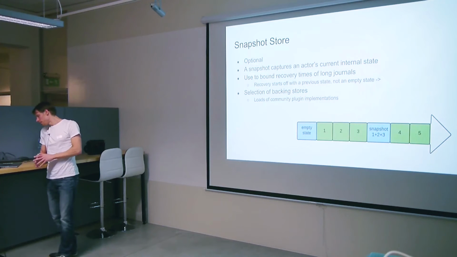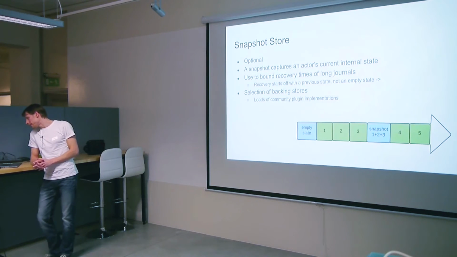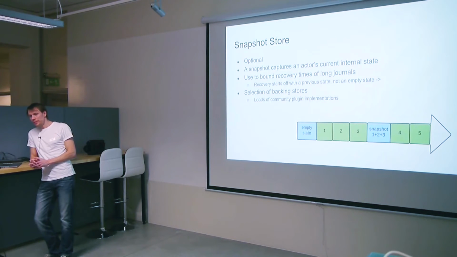Snapshots. Snapshots are totally optional, but if you notice that your event log starts growing rather large, rather long, as a result of continuous state changes, then there's going to be one problem. This is recovery times.